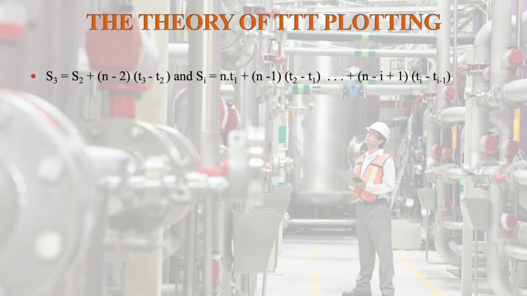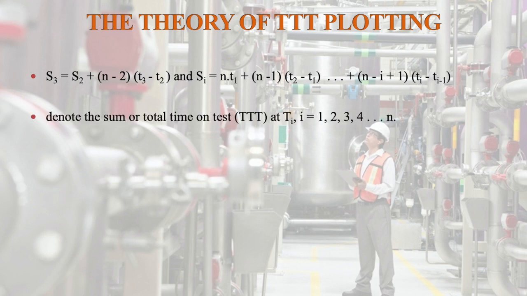S3 is equal to S2 plus (n - 2)(T3 - T2), and Si is equal to n T1 + (n - 1)(T2 - T1) up to (n - i + 1)(Ti - Ti-1). Denote this sum, or total time on test TTT, at Ti, i = 1, 2, 3, 4 up to n.